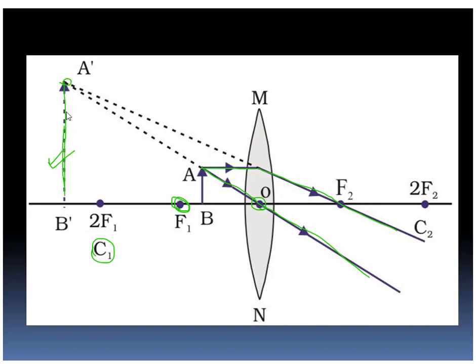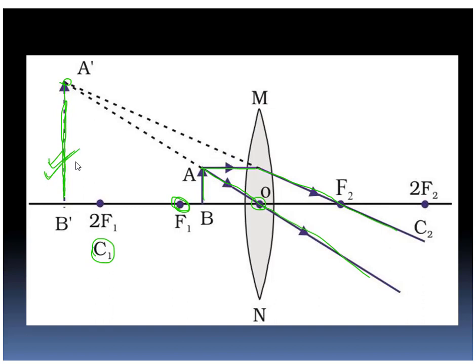So what will be the characteristics of the image? It is magnified, as you can see. The size of the image is more than the size of the object. It is erect. It is vertically upward, as per the object. Now because the rays are not actually meeting, this is a virtual image.